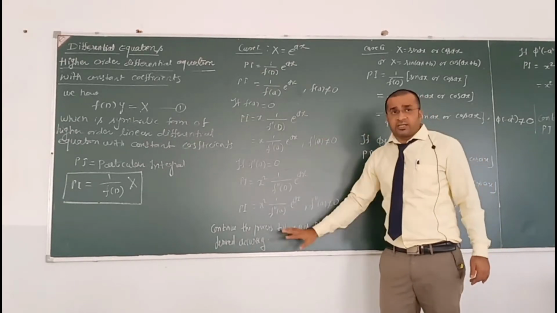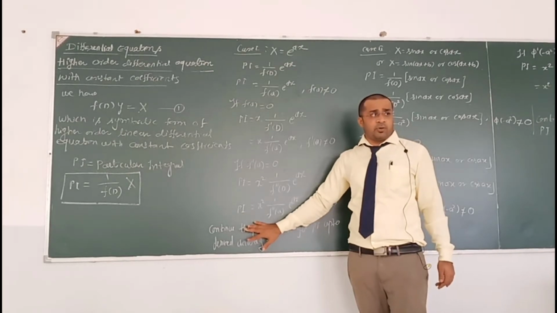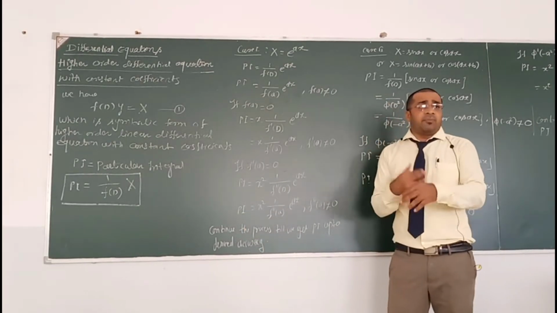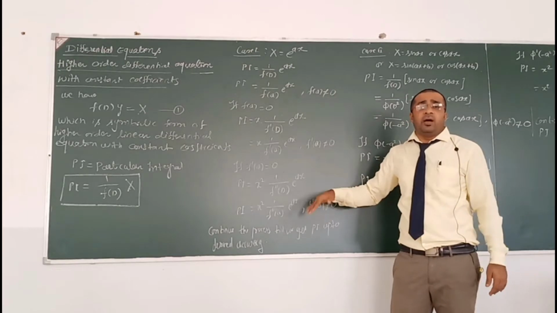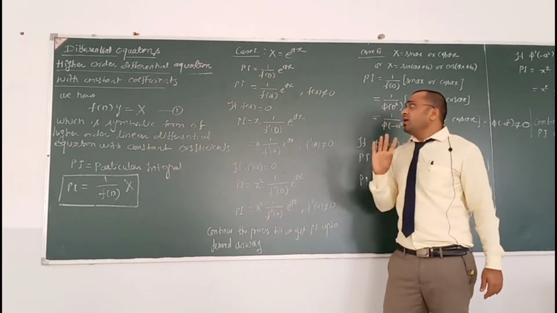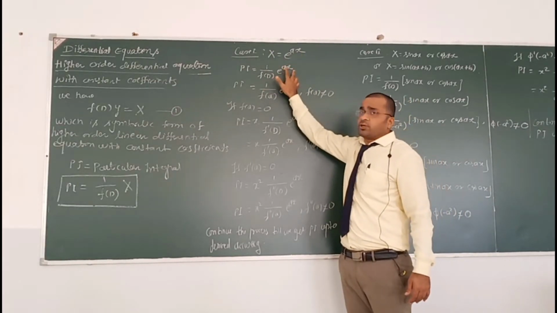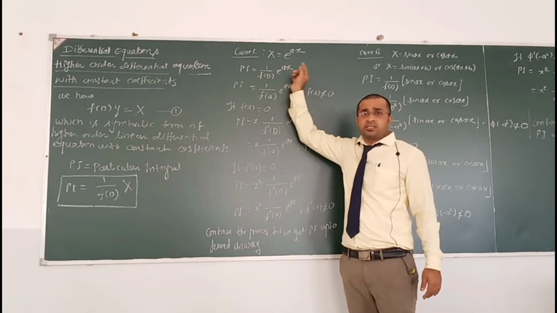Likewise we go further until we get a non-zero and accurate PI. If it is again 0, I multiply by x, again take a derivative, and again replace D by a. Just remember one thing here: in the exponential function, we replace D with the coefficient of x, that is a.